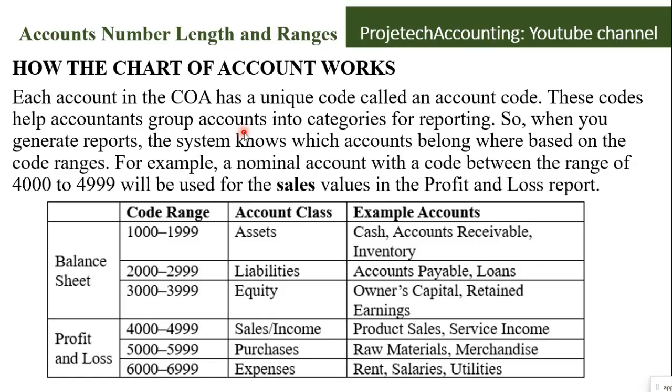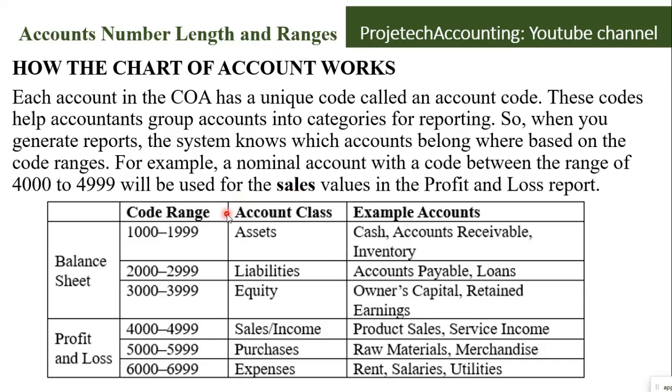So this code will help you group the different categories of accounts and make reporting easier. When you generate a report, the system knows which accounts belong where based on the code range. For example, a nominal account with a code between 4,000 and 4,999 will be used for the sales value in the profit and loss report.